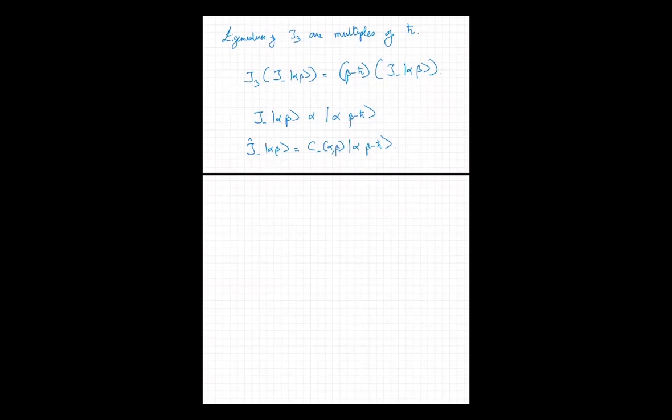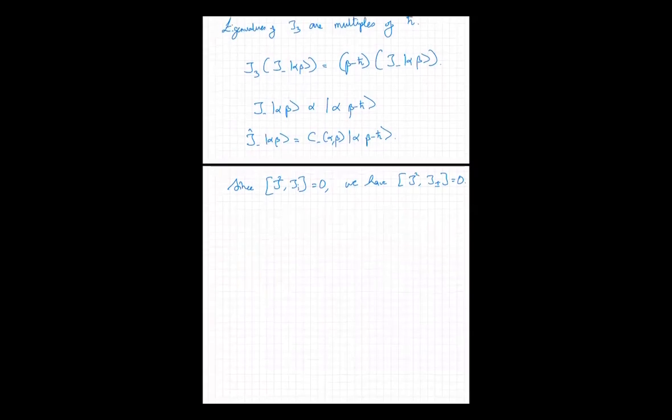Because J² commutes with J plus-minus, since [J², Ji] equals 0. So the α value, which is the eigenvalue of J², does not change simply by application of J plus. Okay, so let's actually show this explicitly.